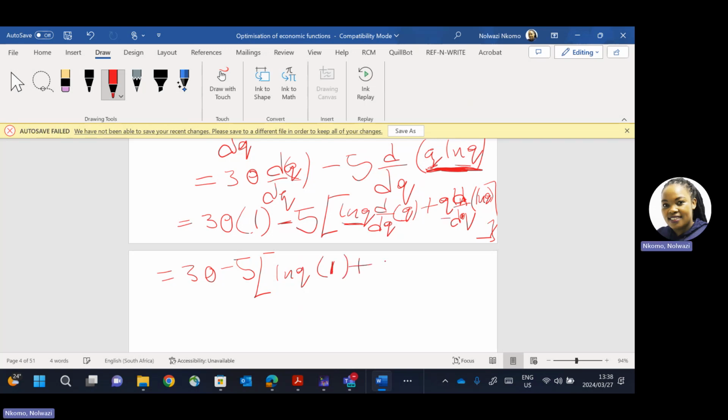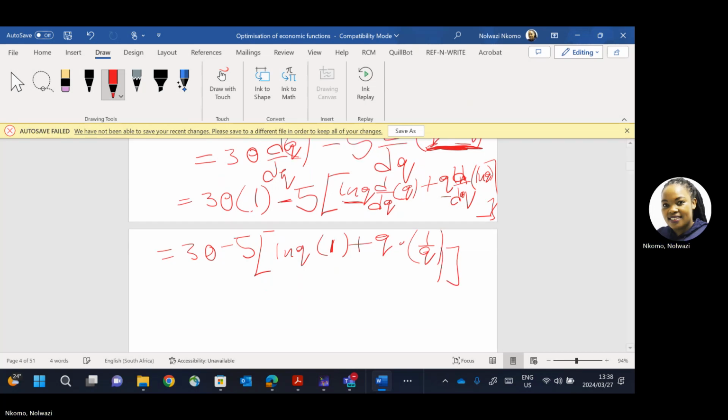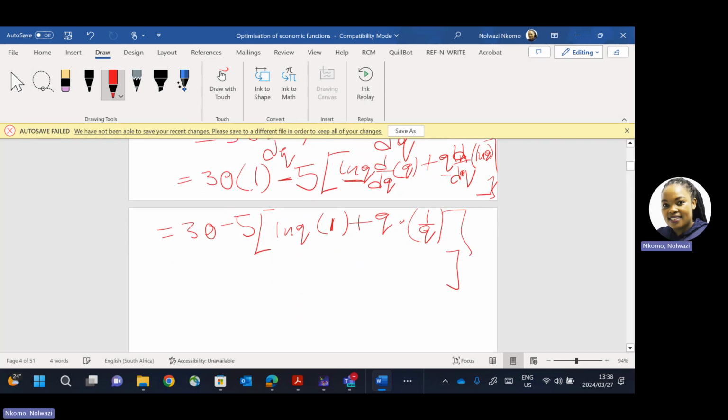Plus, we keep this, which is Q, we differentiate ln Q. The derivative of ln Q is 1 over Q. So if we simplify this, we will have 30 minus 5 times ln Q times 1 is ln Q, plus Q times 1 over Q. Q and Q will cancel out and you'll have 1, right?